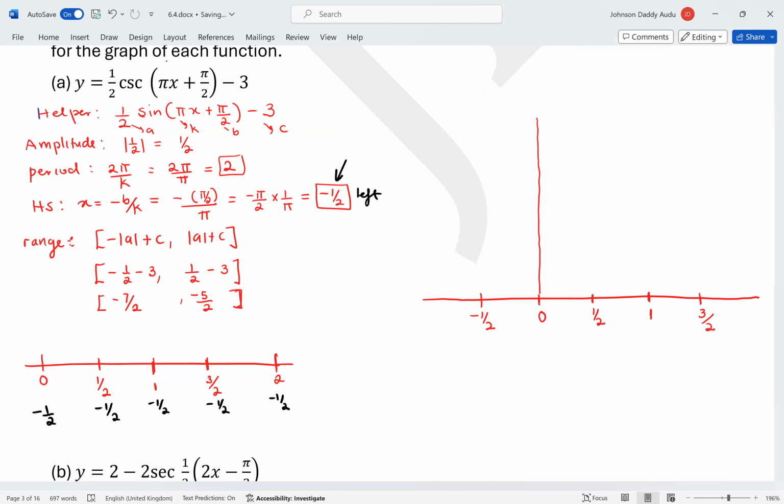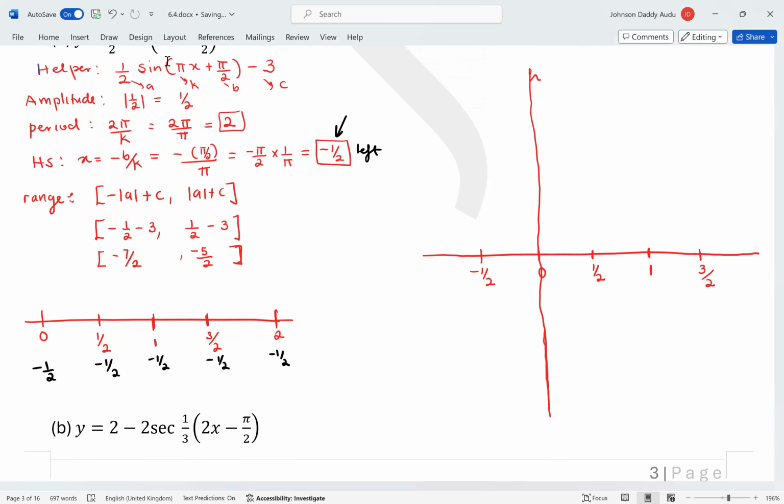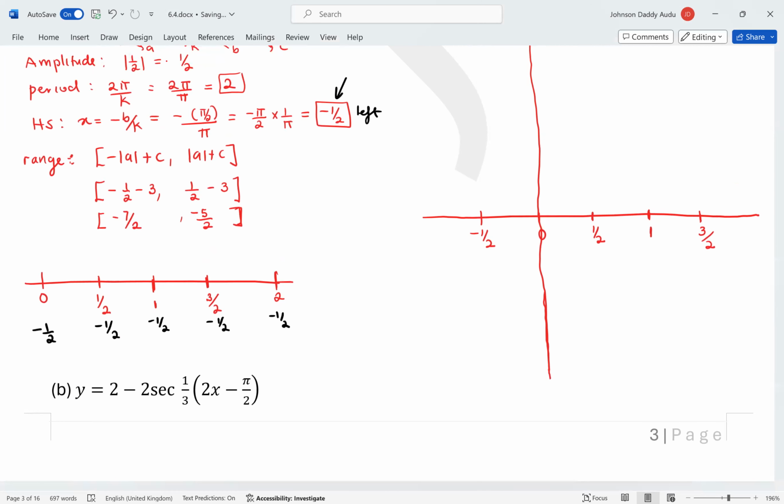Here, this is our x-axis, and this is our y-axis. Here we have a vertical shift of minus 3, so our baseline is at minus 3.